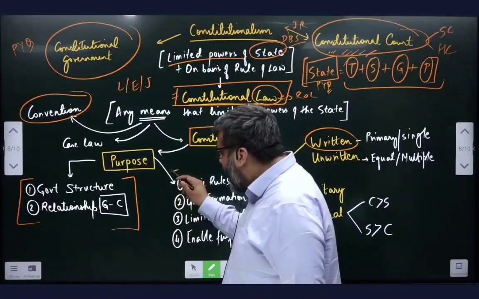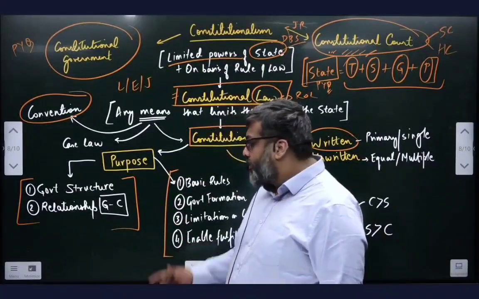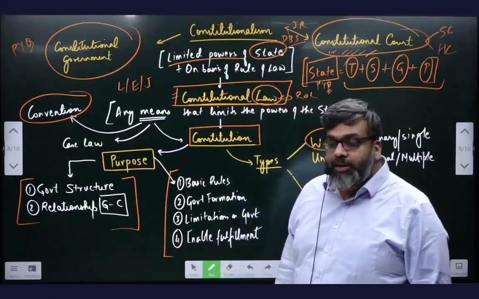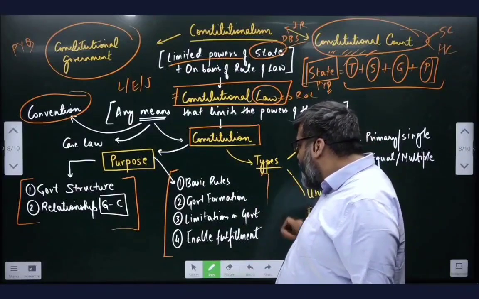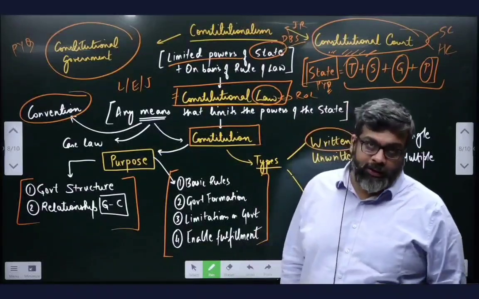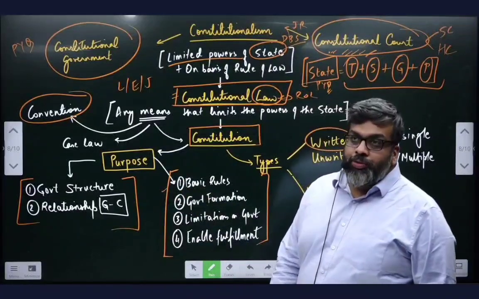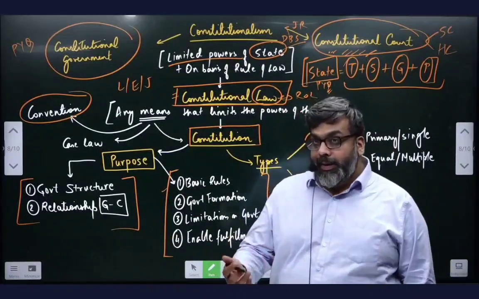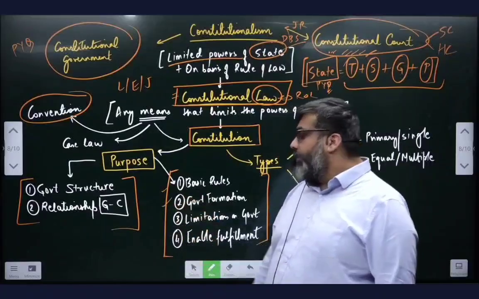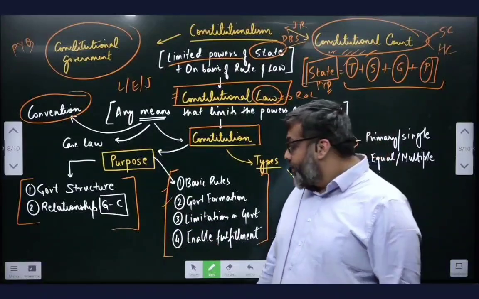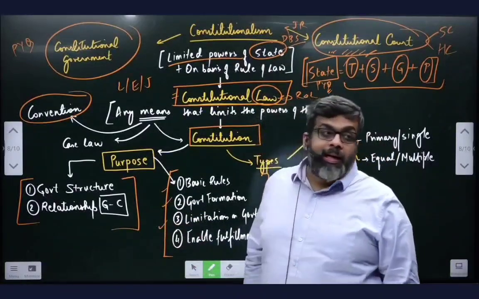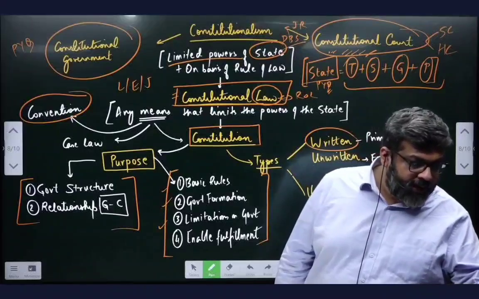But as per our NCERT's Class 12th India's Constitution at Work first chapter, there are four basic functions of the Constitution. One, it lays down the basic rules. Two, it decides who has the powers to make decisions. It tells you how the government should be constituted. Three, it also gives you limitations on the powers of the government.